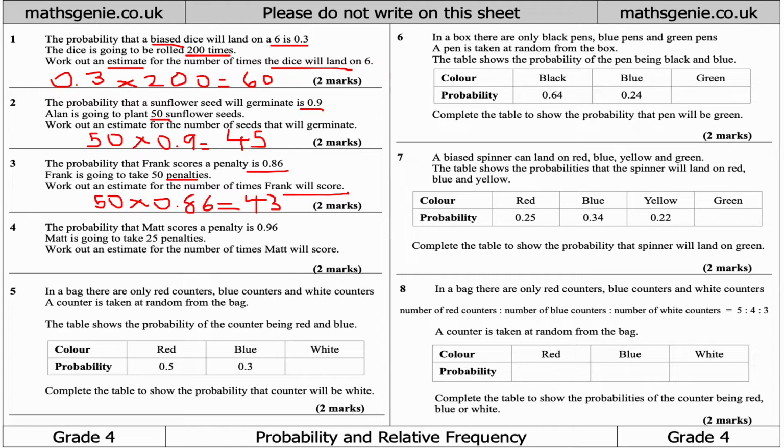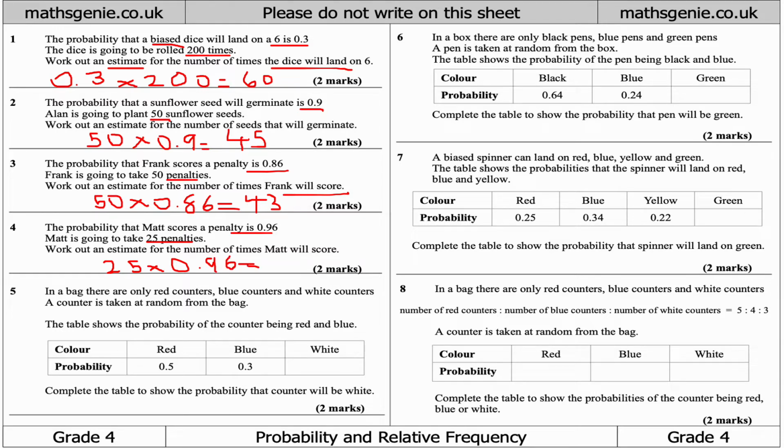This is question number 4. The probability that Matt scores a penalty is 0.96. Matt is going to take 25 penalties. Work out an estimate of the number of times Matt will score. Well, it's 25 multiplied by 0.96. This one's slightly trickier. I can times it by 100 and then divide by 4.